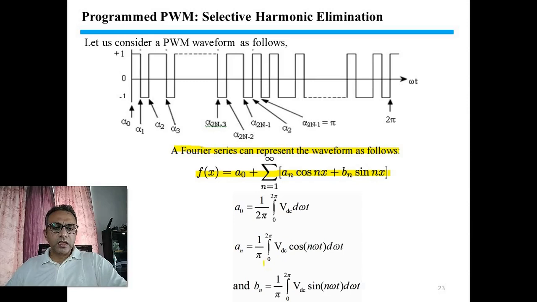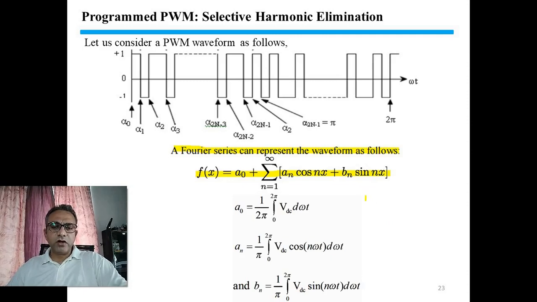A n is 1 over pi integral 0 to 2 pi Vdc cos n omega t d omega t, and b n is equal to 1 over pi integral 0 to 2 pi Vdc sin n omega t d omega t.